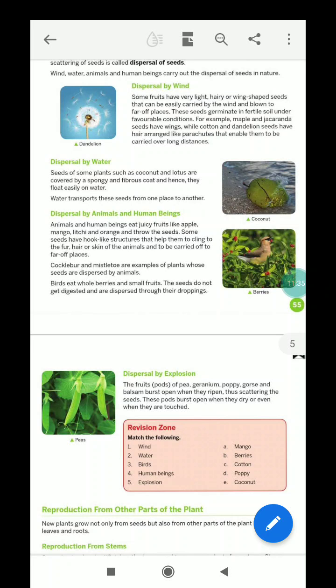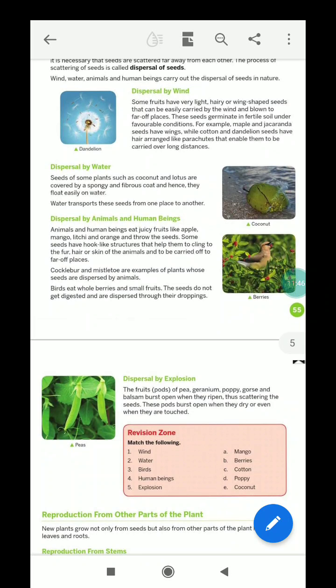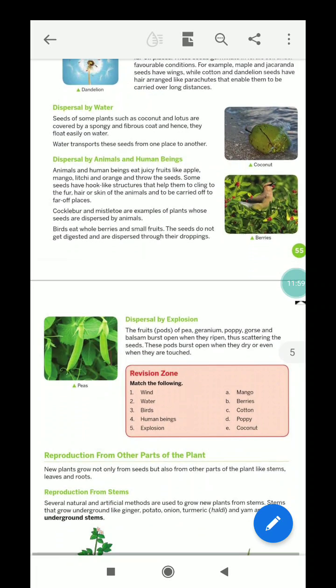Some birds or animals eat these fruits and drop the seeds somewhere, and there they grow. Berries and small fruits are eaten by birds, and the seeds do not get digested in their stomach, so they are dispersed through their droppings.